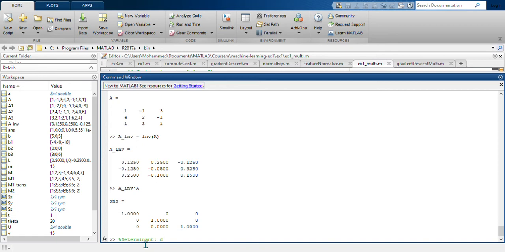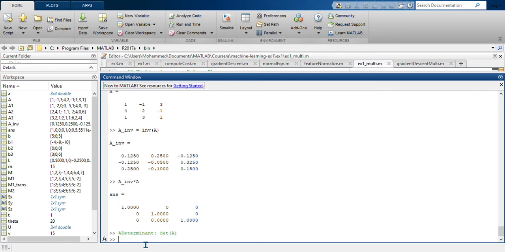the MATLAB command is det, and inside the bracket you put the variable name. For transpose, the command is transpose of A, or you can simply write A single quote, right?